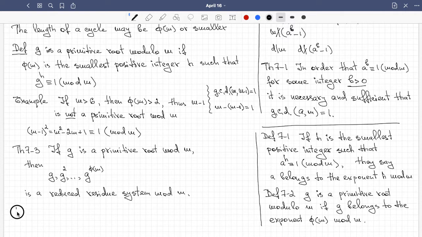The theorem is not difficult to prove. We'll have exactly phi of M elements, as there should be in a reduced residue system.